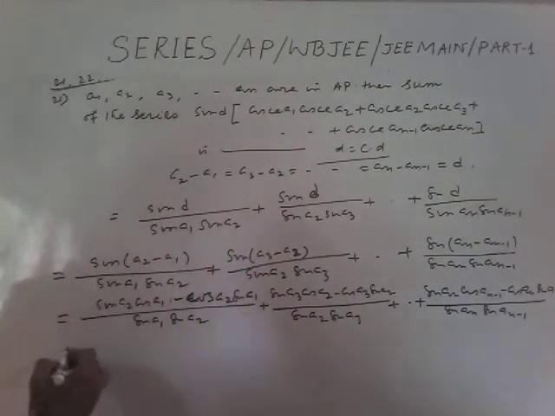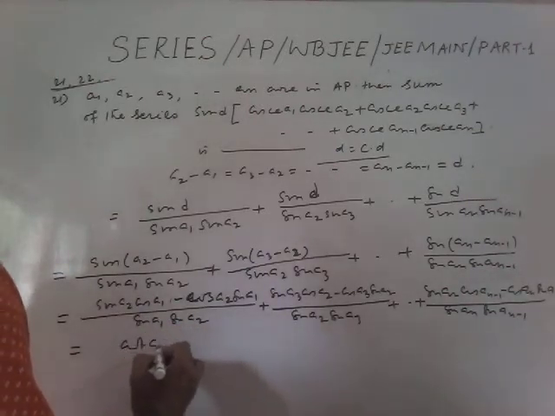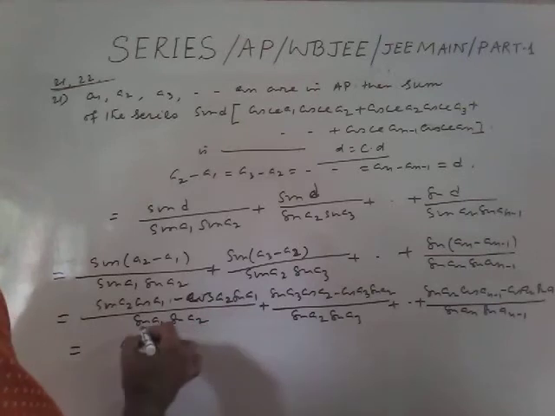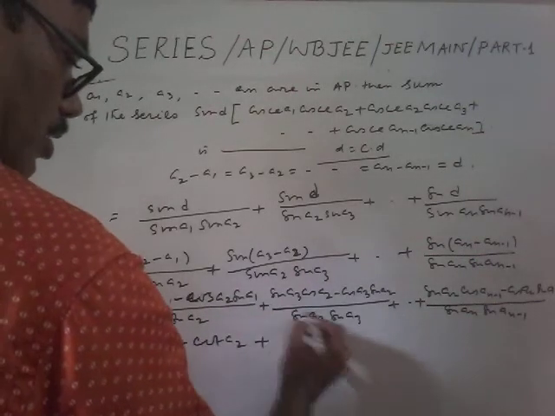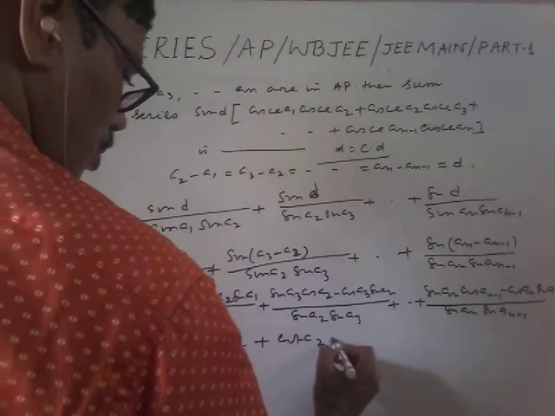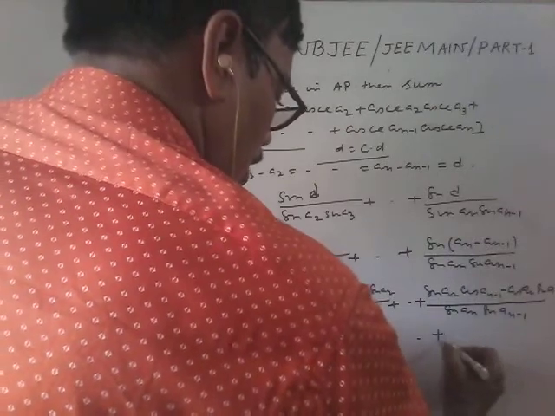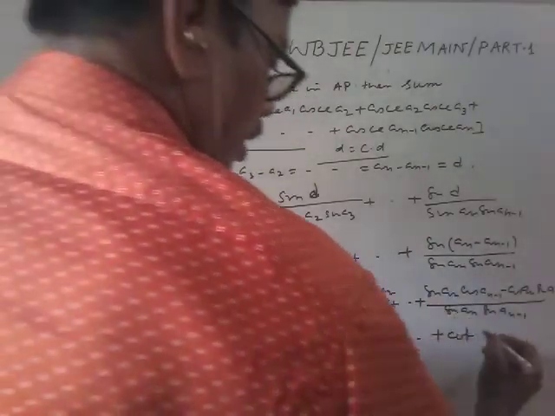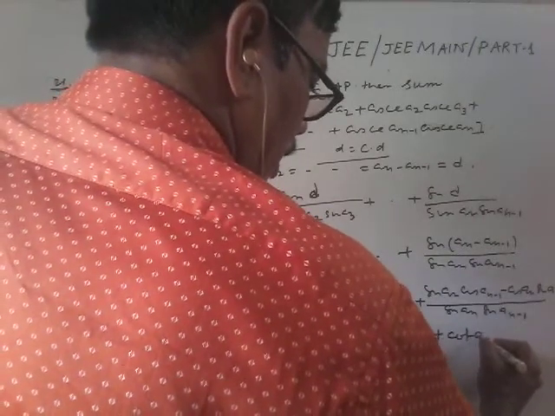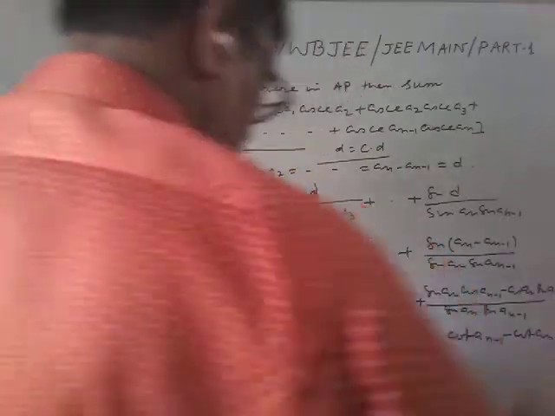So if we use this, look, sin a2 cancels out. This is cot a1 - cot a2, and then cot a2 - cot a3, plus and so on, up to cot a(n-1) - cot an.